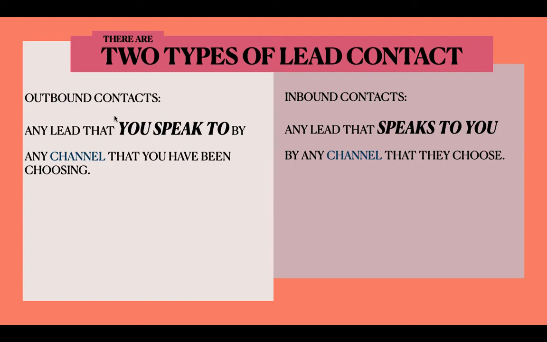When you're speaking to the customer, you will probably be facing someone that doesn't care about your product. But when somebody is speaking to you, they probably have some kind of interest in what you're selling. So, the first thing that we have to be aware of with the leads is that we're gonna have two types of contact: the outbounds and the inbounds.